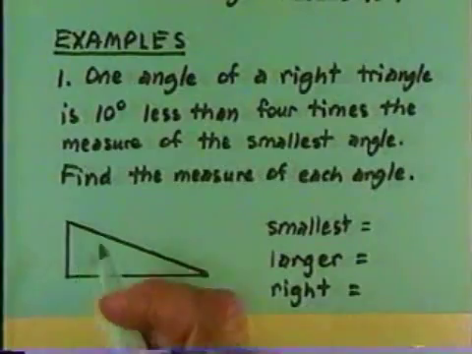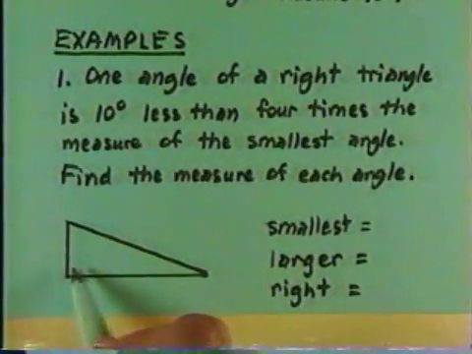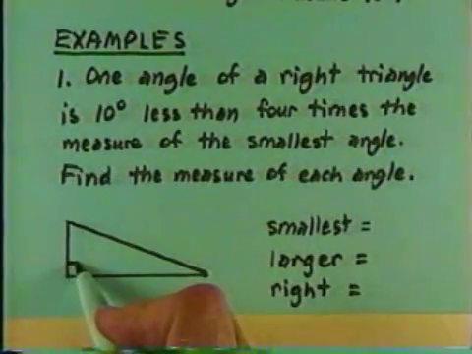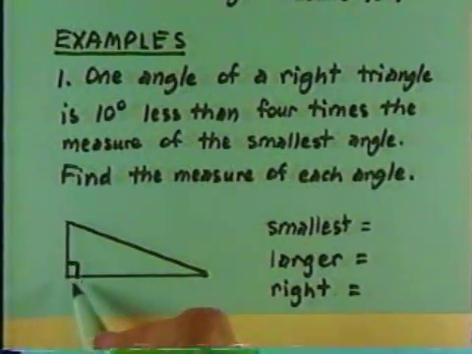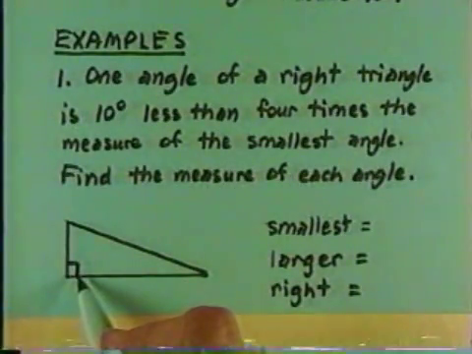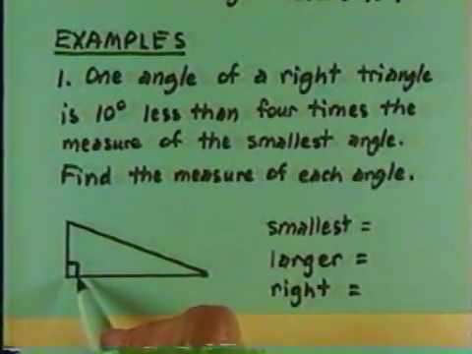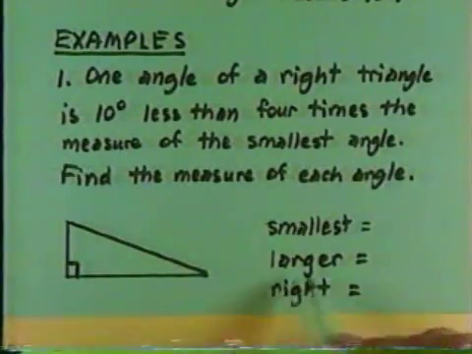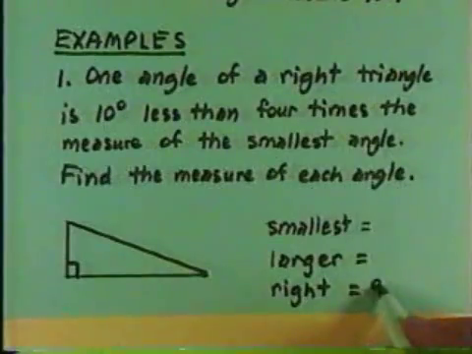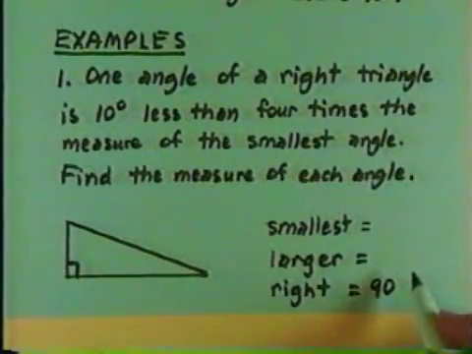Now there's a symbol that tells the reader at a glance that this is a 90-degree angle, and it is a little squared off corner. So that symbol means a right angle. The right angle has 90 degrees. So we have 3 angles, the smallest, the larger, and the right. The right has 90 degrees.